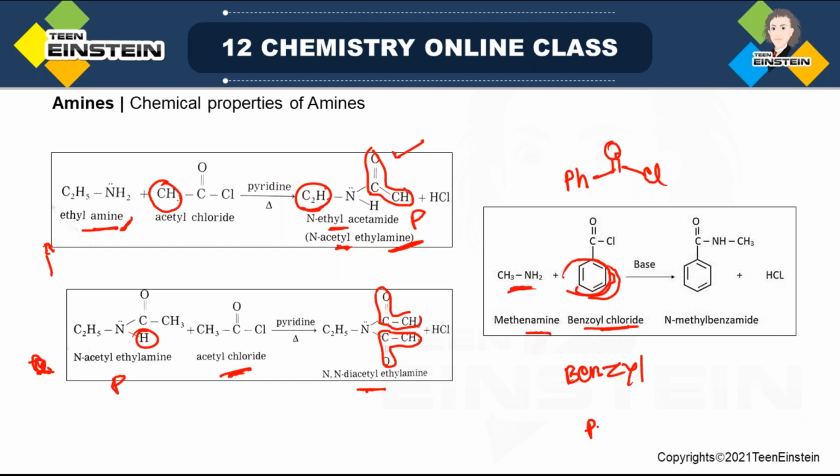Benzyl is PhCH2Cl, that is benzyl chloride. But when I am saying benzoyl, it is PhCOCl. And here the COPh group is inserted by replacing one hydrogen of the NH2 group. HCl is produced as a byproduct which will be consumed by base. Mostly pyridine is taken.